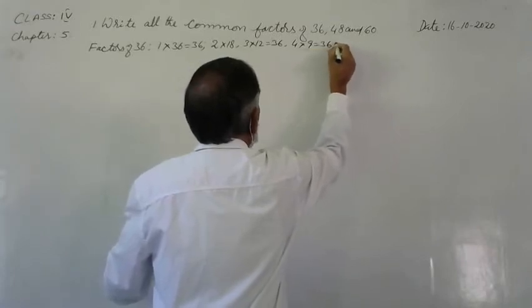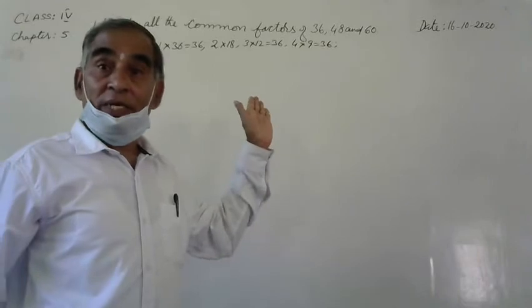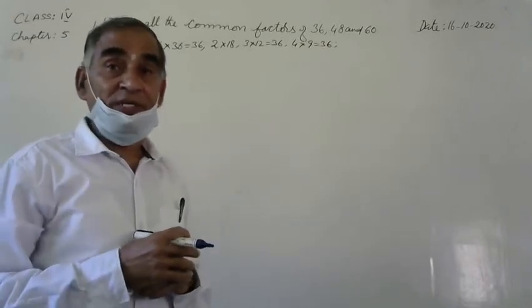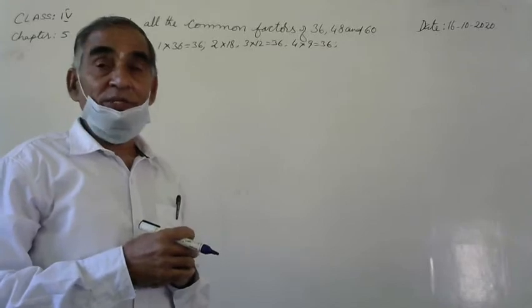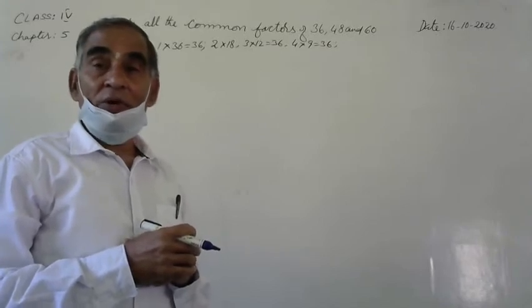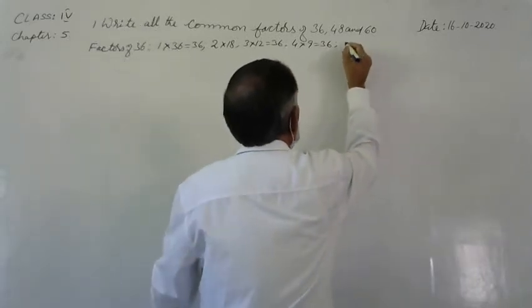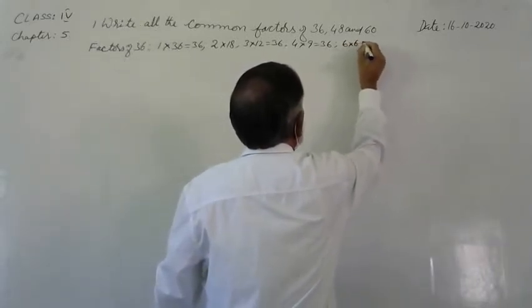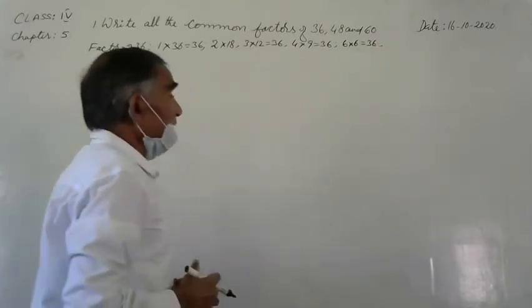Next, 5: if you recite the 5 table, you will not get 36, because 5 7s are 35 and 5 8s are 40. So 5 is not a factor of 36. Next, 6: 6 6s are 36.